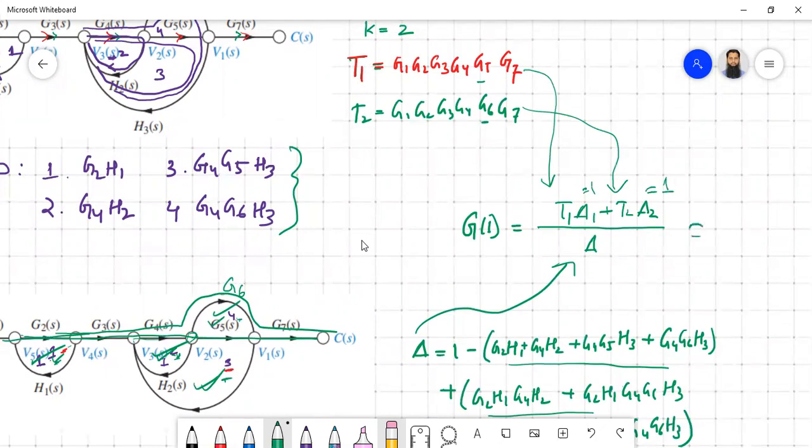So this is your single block transfer function, the required thing. Is it okay? So this is how you have to apply Mason's rule. Once you have that signal flow diagram, applying Mason's rule is very, very simple.